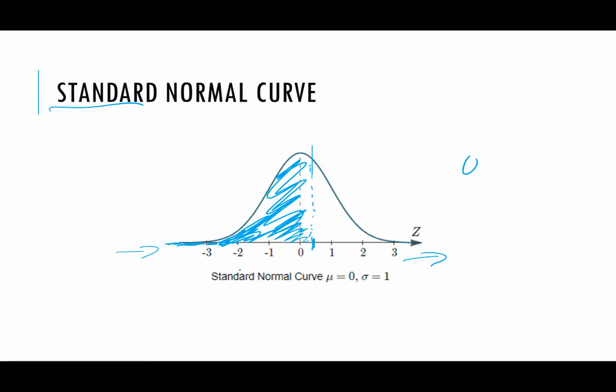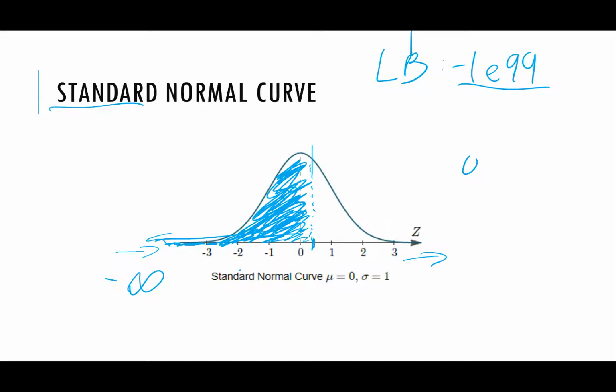So in my calculator, if I'm going to find the area of this space, my lower bound has to be negative infinity, because it doesn't specify a lower bound, it just says less than 0.43. So I have to go all the way from 0.43 down until negative infinity. To type that in, if you type -1 E99, that tells the calculator negative infinity.